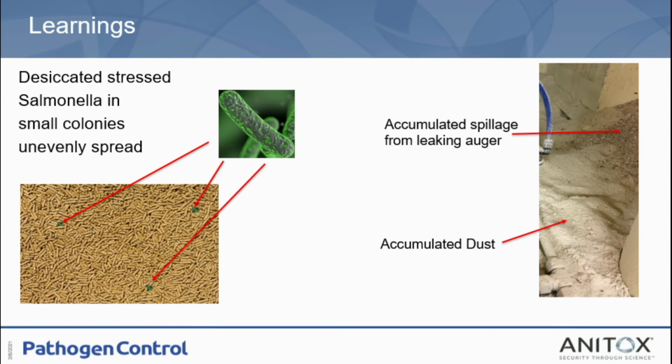We know that Salmonella grows in small colonies, which tend to be infrequent and unevenly spread in feed. Now, each of the mills sent in a maximum of 3 samples of feed, so a minuscule sample of each mill's output. The fact that so many samples came back positive for Salmonella indicates Salmonella is present at high levels in these mills, and certainly higher than would be expected from mills in Europe.